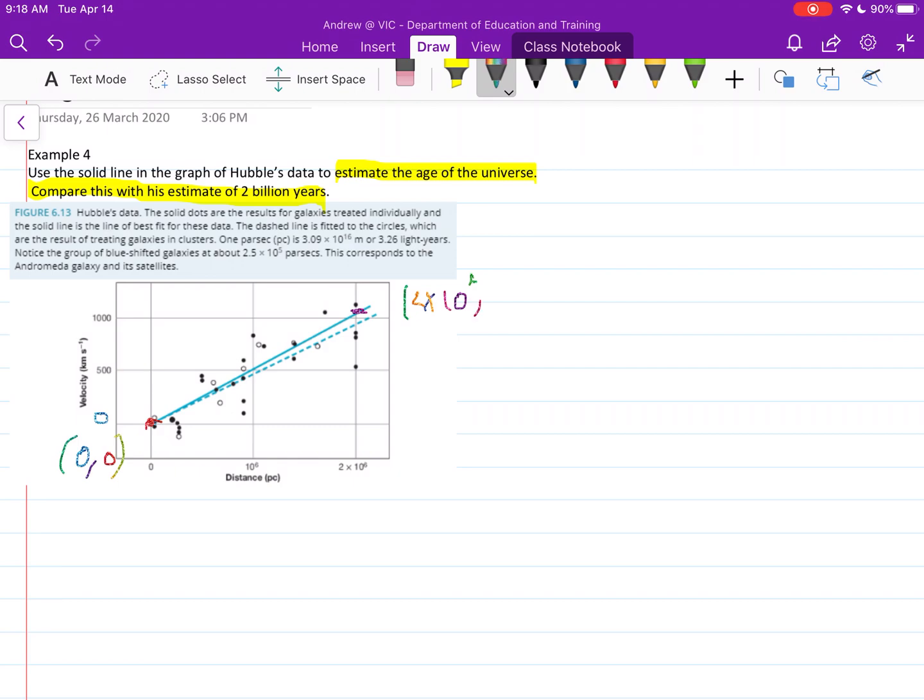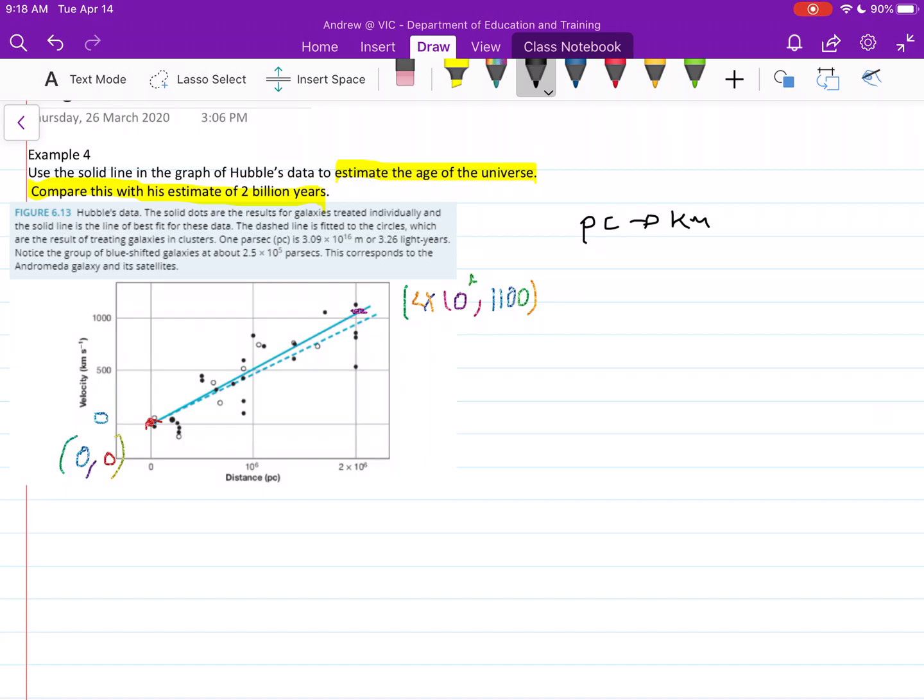And then our velocity is about 1,100, and that's our y value. So, what we first need to do is go from our parsecs to kilometers. Okay, that's the first part of this question that we need to work out.